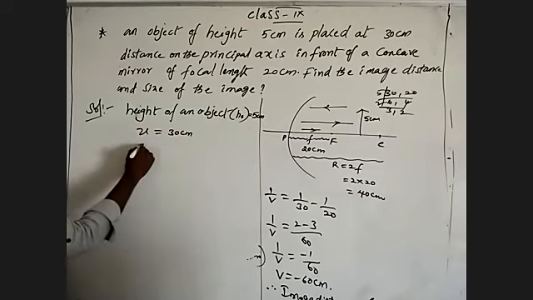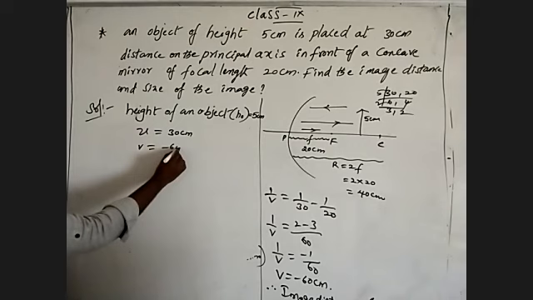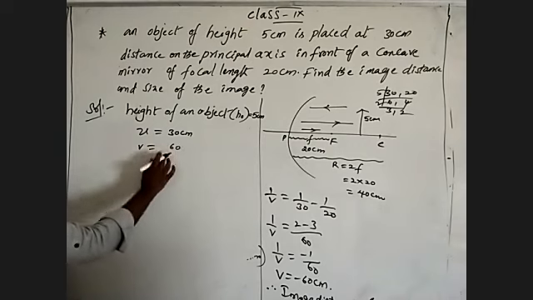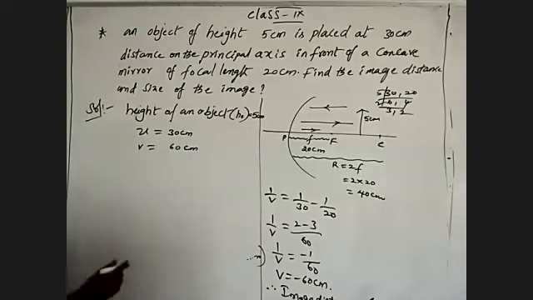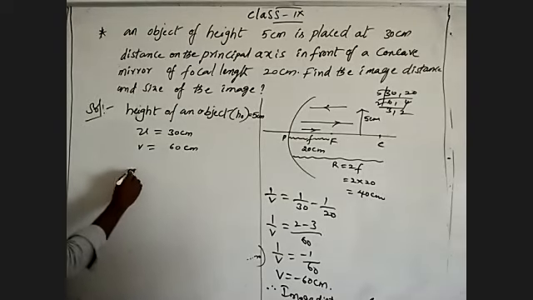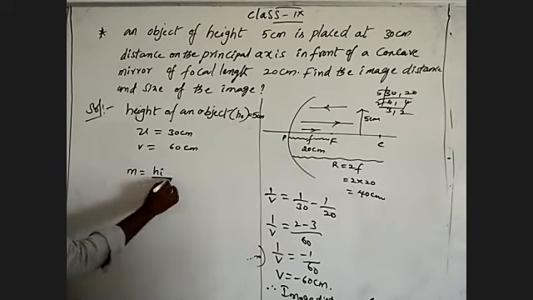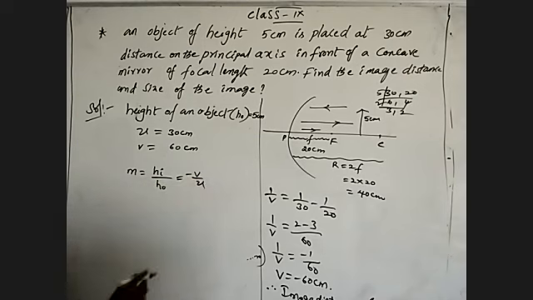And the image distance we found is 60 centimeter. So by that, magnification is equal to height of the image by height of the object, which is equal to minus v by u.